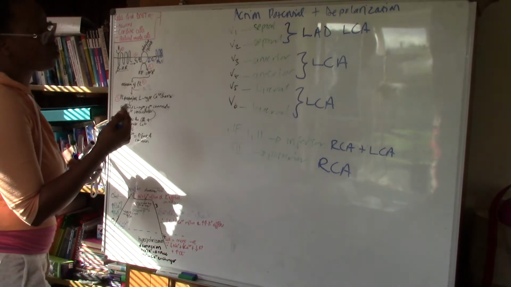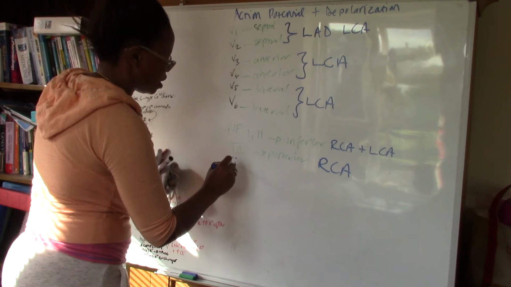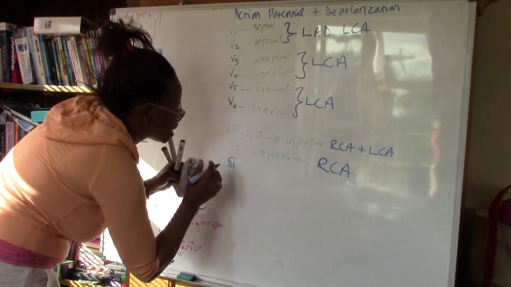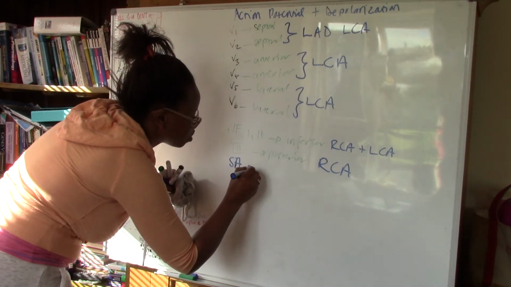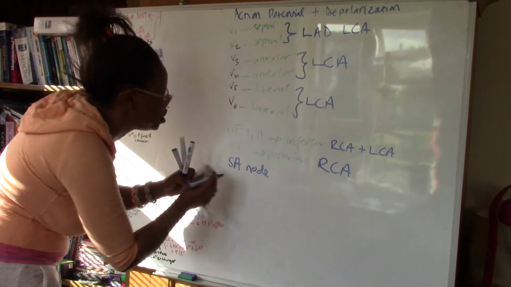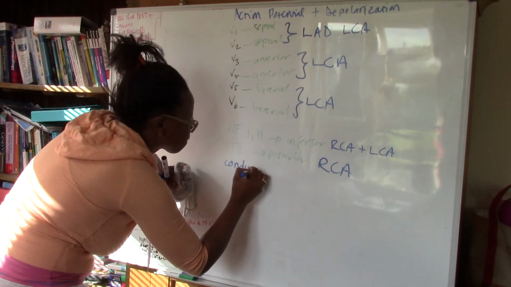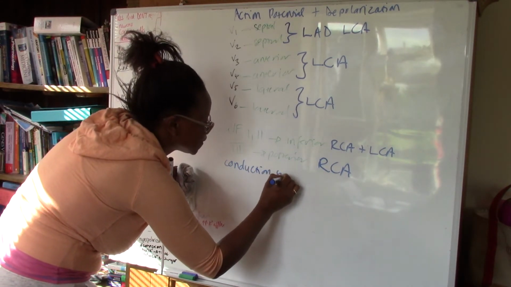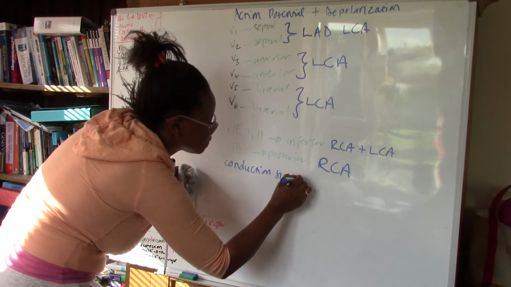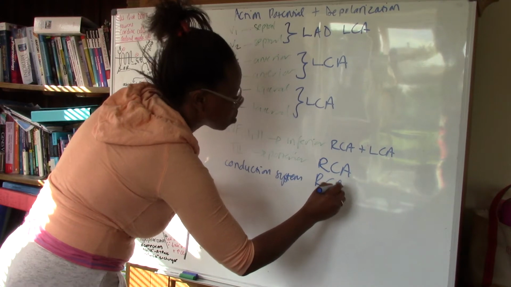However, if we had problems with the SA node, or the conduction system in general, the conduction system of the heart is supplied by the right coronary artery.